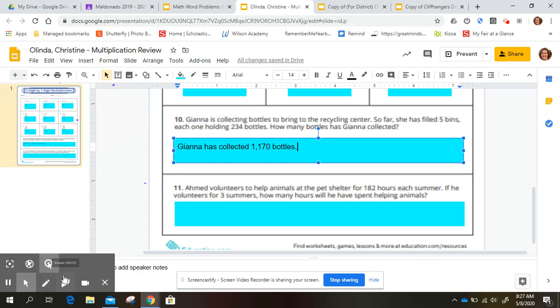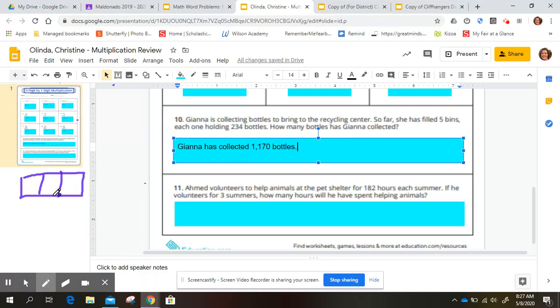And again, I can do this as a tape diagram. I know that there were 3 summers, and each summer he spends 182 hours. So I could add that together, but it is much simpler and faster to multiply by 3, because it says for 3 summers, and each summer, 182 hours.